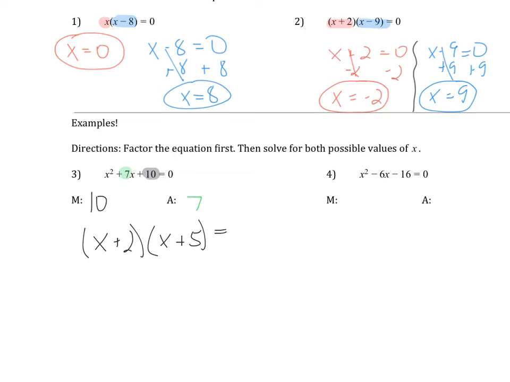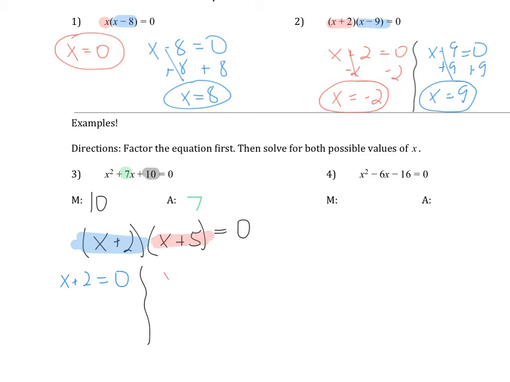Now the new part this unit is that we have it equal to 0. So I just factored it. I had x plus 2 times x plus 5 equals 0. So remember, I'm going to set each factor equal to 0 now. So I'm going to solve this by first setting x plus 2 equal to 0. And then I also want to set x plus 5 equal to 0.